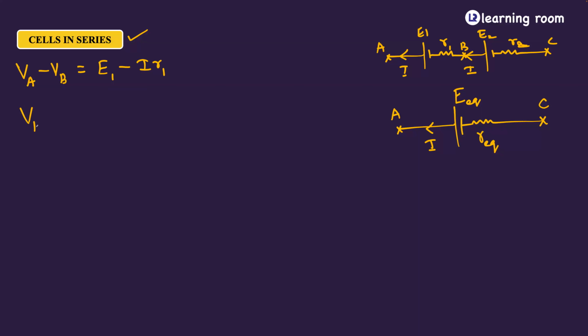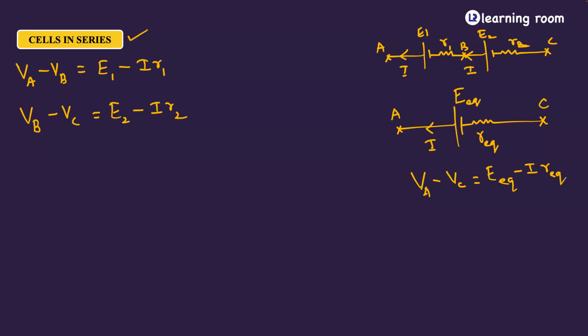Similarly, VB minus VC is equal to E2 minus I into R2. Makes sense? Right. Now, between the points A and C, I have this. So here I'll write VA minus VC is equal to E equivalent minus I into R equivalent. Is the point clear?